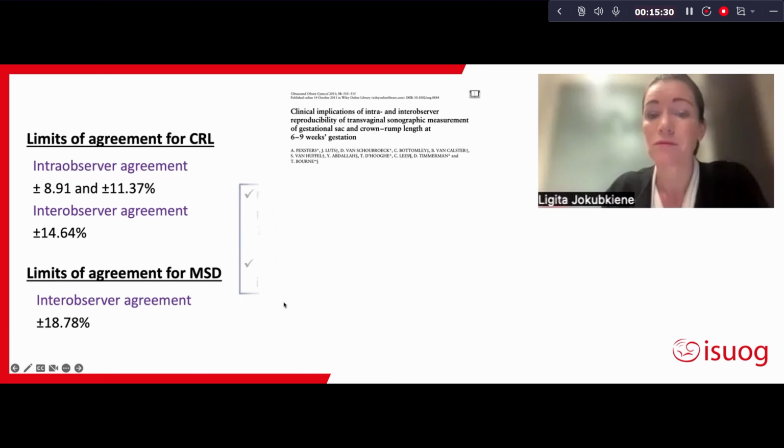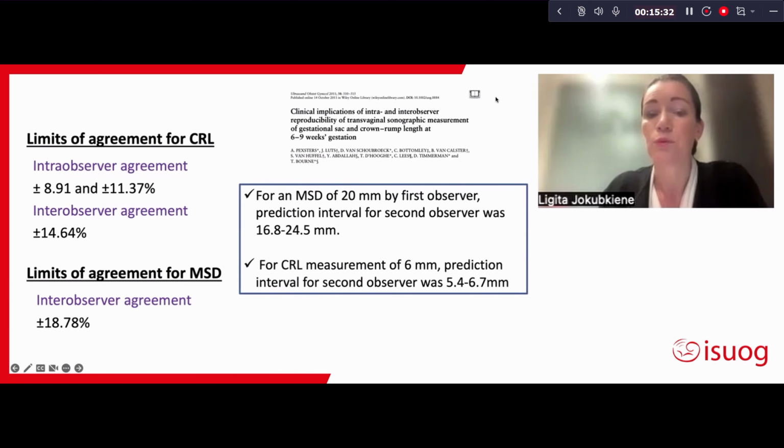What does it mean? It means that if a mean gestational sac is measured, for example, at 20 millimeters by the first observer, the prediction interval for the second observer would be between 16.8 and 24.5. It means that the second observer would measure it in this interval. And for CRL, if we say that CRL is 6 millimeters, the interval for the second observer would be between 5.4 and 6.7 millimeters.